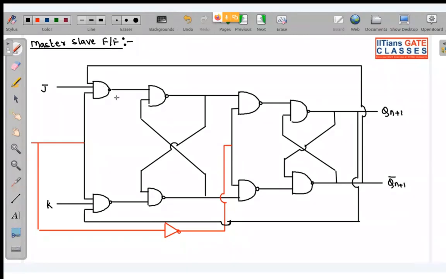Did we copy this circuit? This is basically the construction of the master slave flip flop.